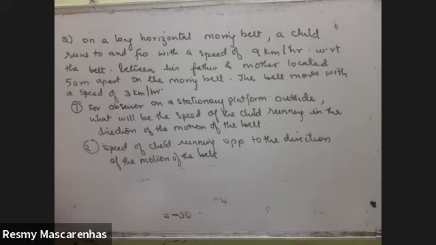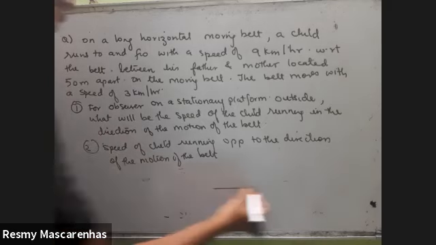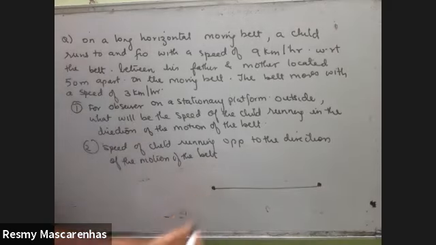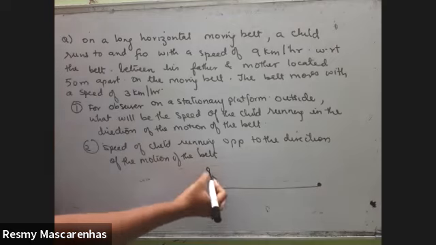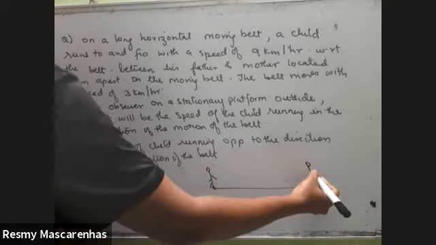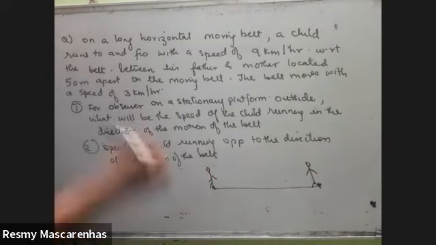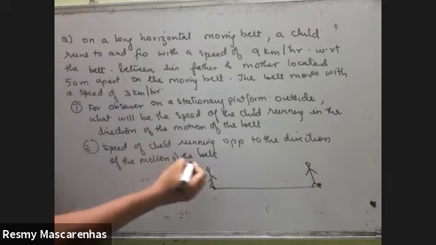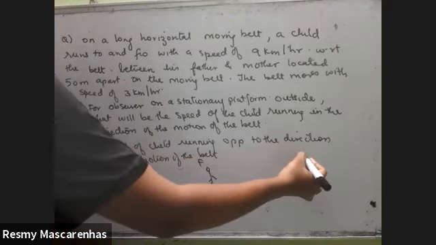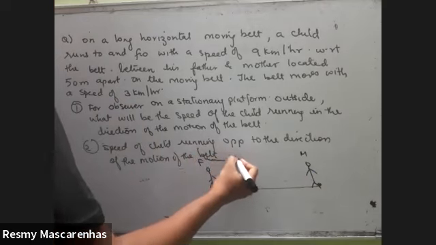Now what they're trying to say is there's a long horizontal belt, and there's a father and a mother, 50 meters apart.